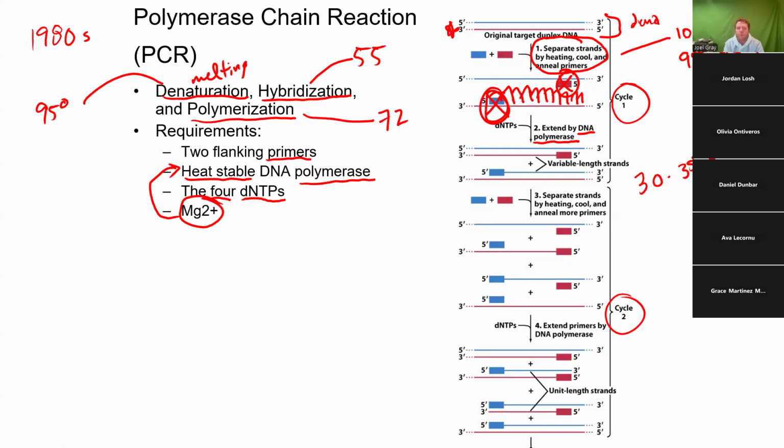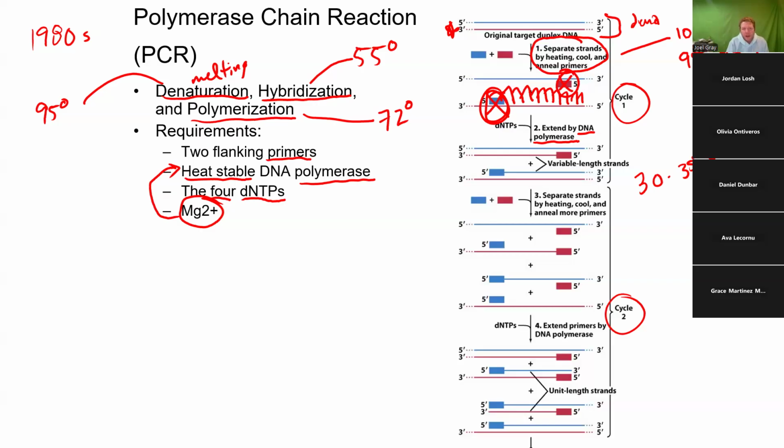So when you're doing PCR, you're going to heat the components of your mixture up to 95, then cool them down to 55, then 72, 95, 55, 72, and so on. You're going to do that about 30 times.